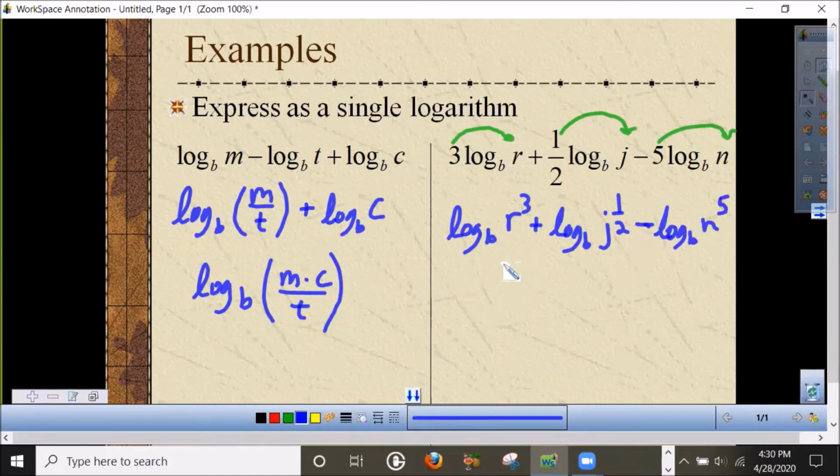And as a second step, I'll now combine these three expressions into one, changing addition into multiplication and subtraction into division. The expression becomes log base b of r to the third times j to the 1/2 divided by n to the 5th.